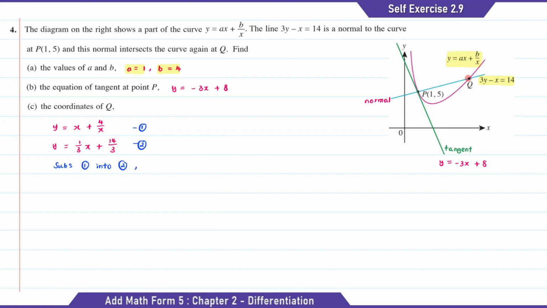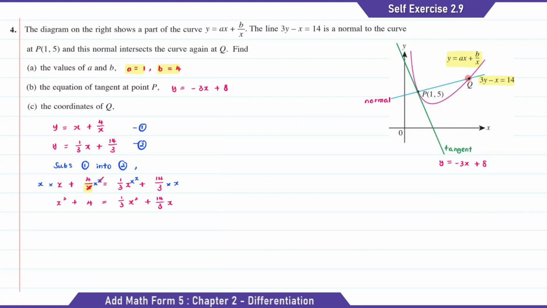To solve this, substitute equation 1 into equation 2. x plus 4 over x equals 1/3 x plus 14/3. First, to get rid of the denominator with the x, we're going to multiply each term by x. x squared plus 4 equals 1/3 x squared plus 14/3 x.